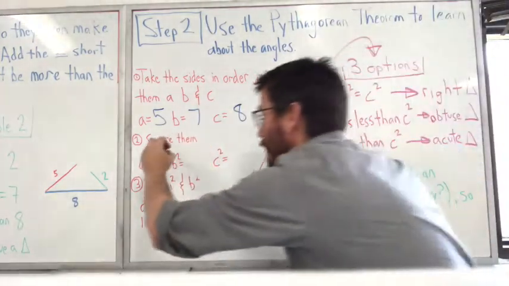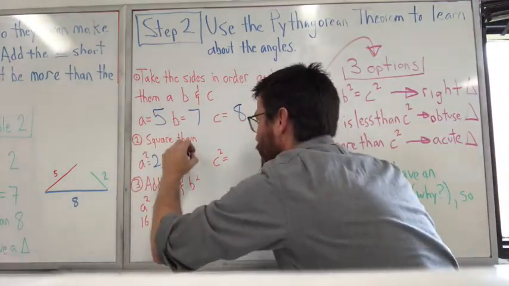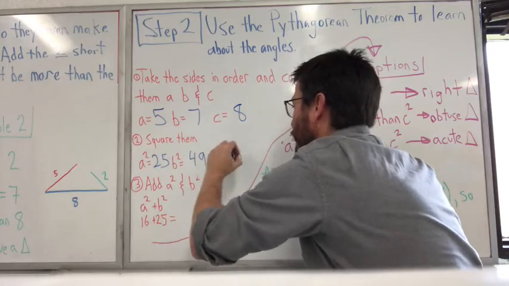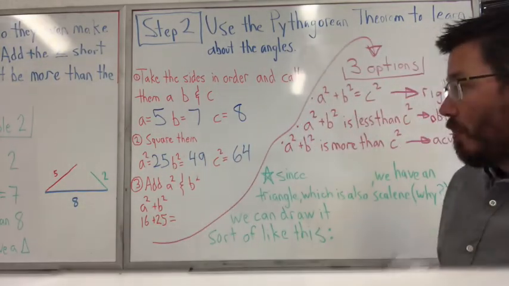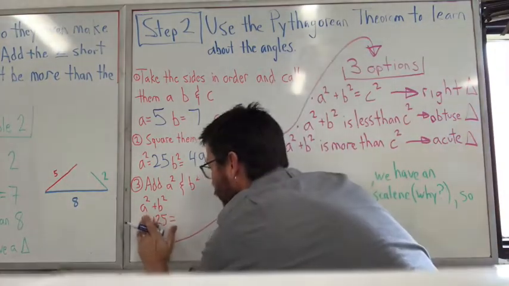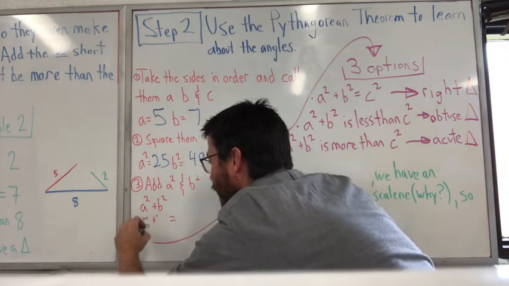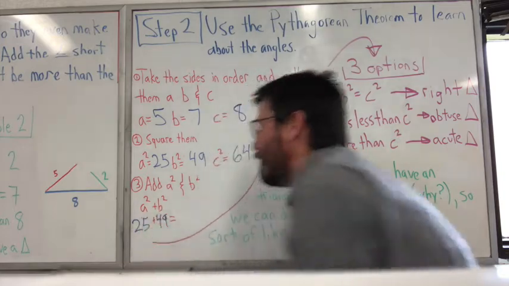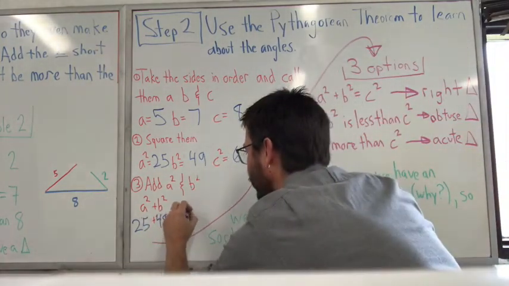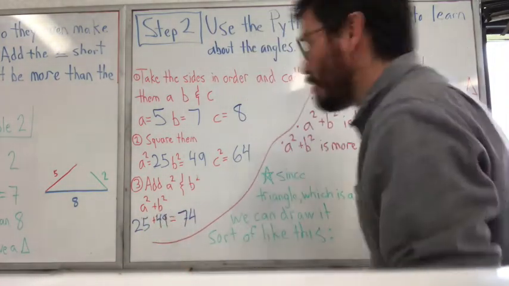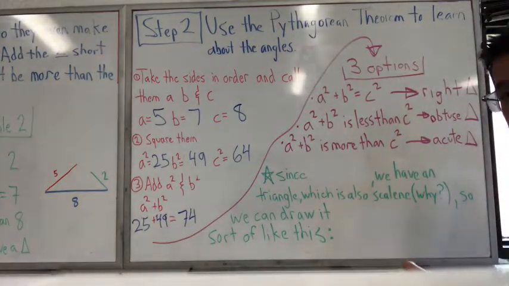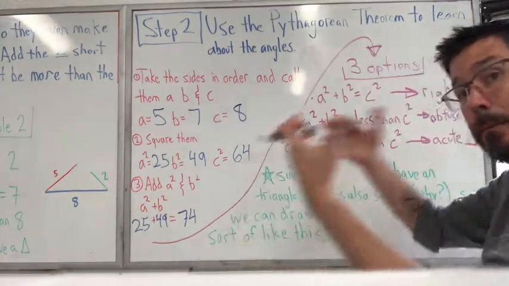We square them. A squared is 25, B squared is 49, C squared is 64, and then we add up A squared plus B squared. So it's 25 plus 49, which is 74. Now when we come over here, a squared plus b squared is more than c squared.